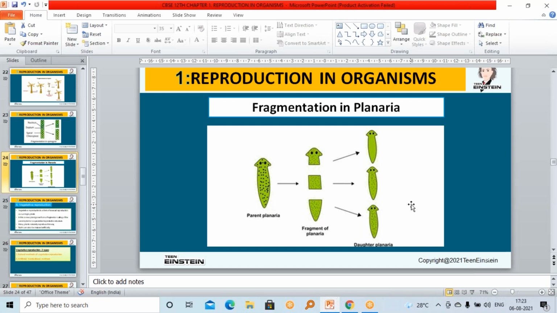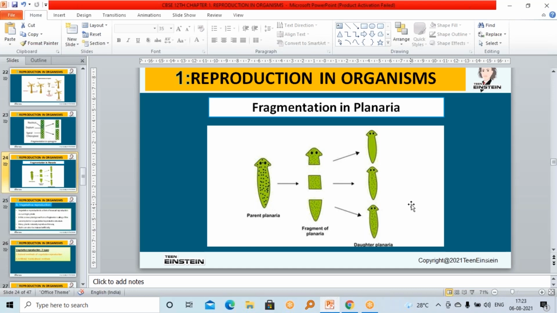Here, the asexual reproduction method. There are two methods of asexual reproduction in planaria. One is fragmentation, and the second method is spontaneous dropping of tails. In fragmentation, usually transverse constrictions will form, and this will separate the parts, and each fragment will move away.